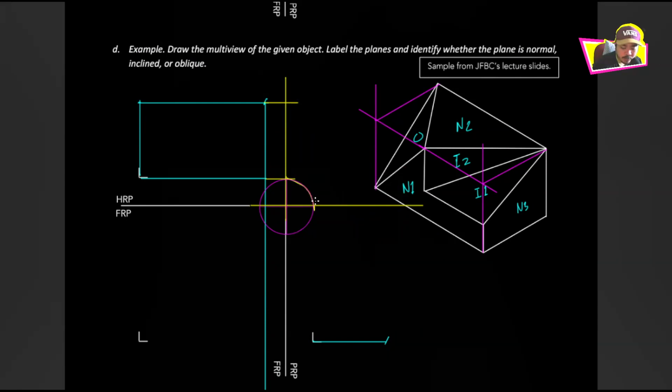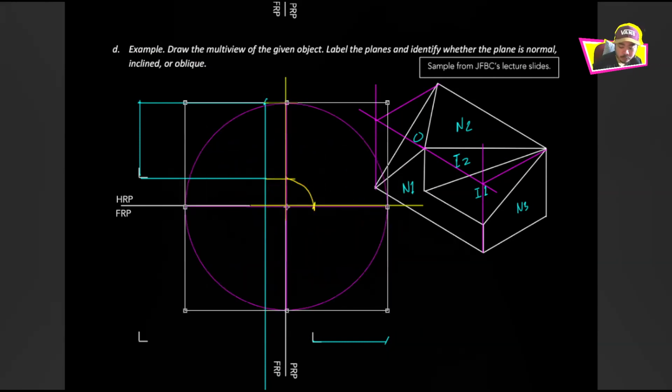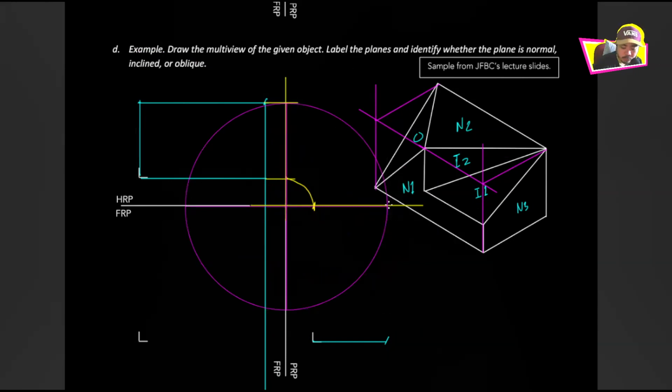So parang ganyan. Tapos he does it with this as well. So parang ganyan. So if I extend my compass, dito na siya. Tapos ito na yung dimensions ng glass box niya.